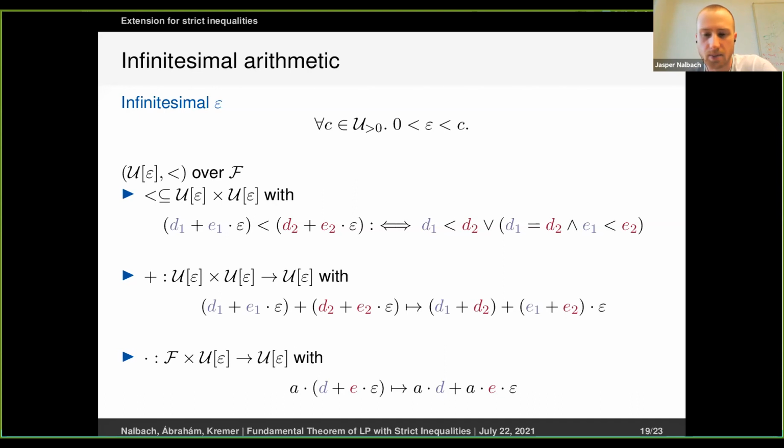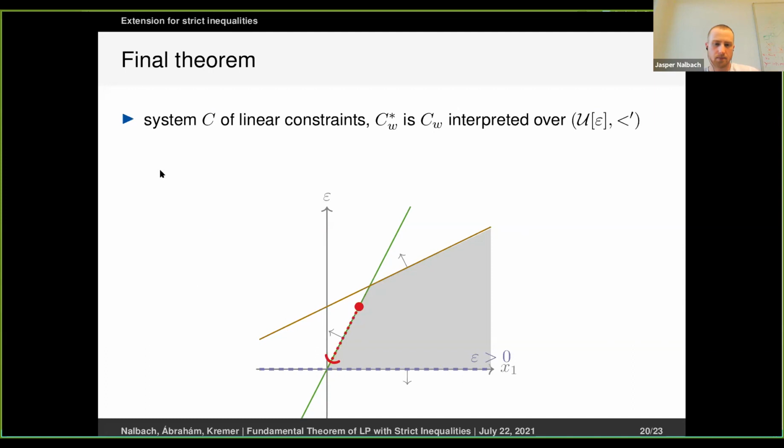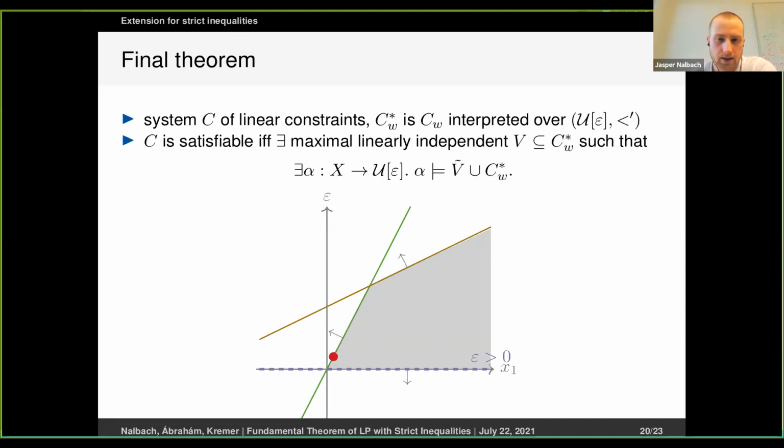It's the same semantic for the epsilon here, but we only restrict to a vector space here. Okay. And finally, by using this semantic, we get a statement that is now similar to the original formulation of the fundamental theorem of linear programming.